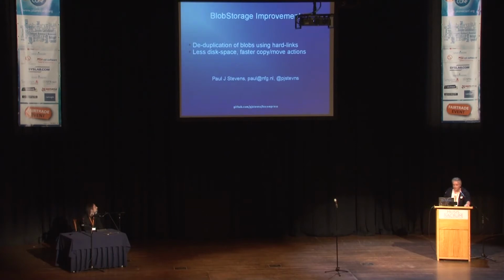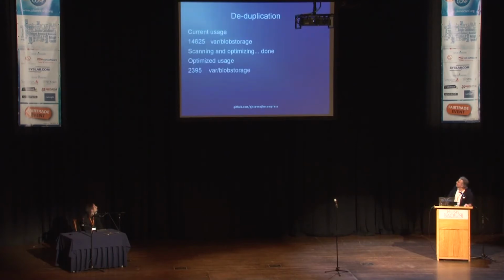And having done that, I noticed that, well, I can show you. This was done on a development copy of the actual website, where the original blob storage was almost 15 gigabytes of data. Analyzing it, compacting it, using hard links, as I said, the storage dropped down to just over 2 gigabytes.